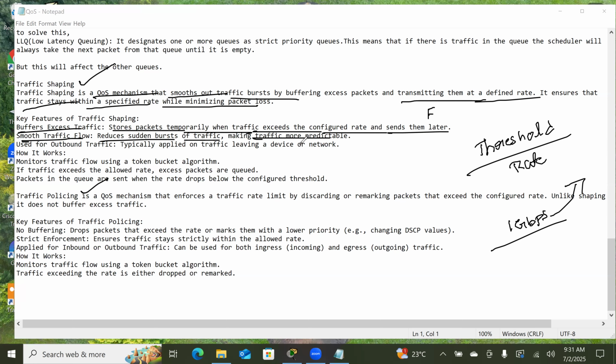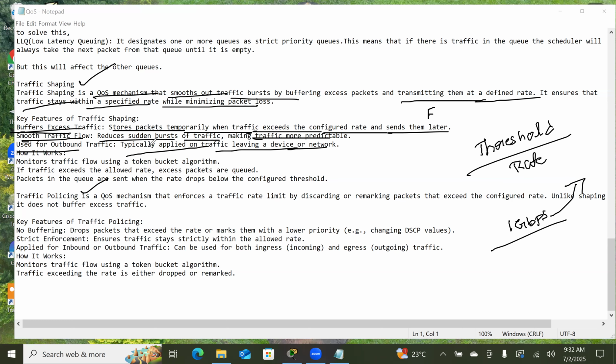You already know what data rate we have, so according to that you just need to maintain the window size here. If it is getting excess of that, then obviously it's going to buffer the extra traffic. It is typically applied to traffic leaving the device or network. Where can you apply this? This will be applied at the outbound interface.